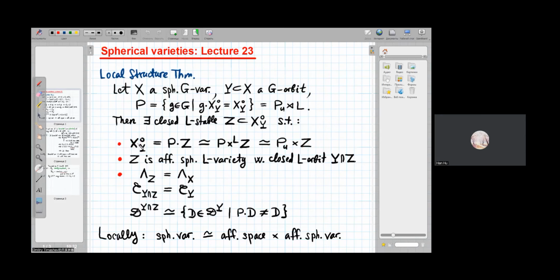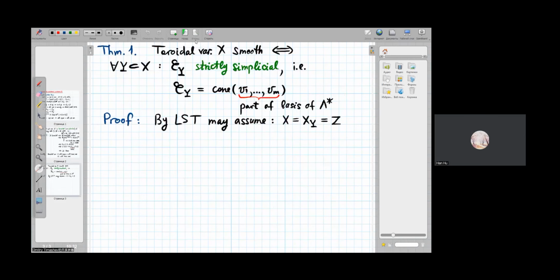This B chart is smooth if and only if Z is smooth, because the first factor is just an affine space. So we reduce the problem to the smoothness of Z, and therefore we may assume that my X is just Z. Okay? So in other words, without loss of generality, we may assume that X is an affine toric variety.